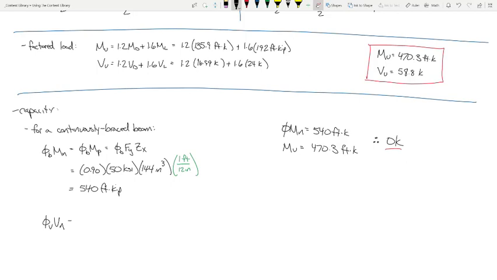Now, what about shear? What is the shear capacity of the beam? Well, how do we compute that? We're not going to compute that.